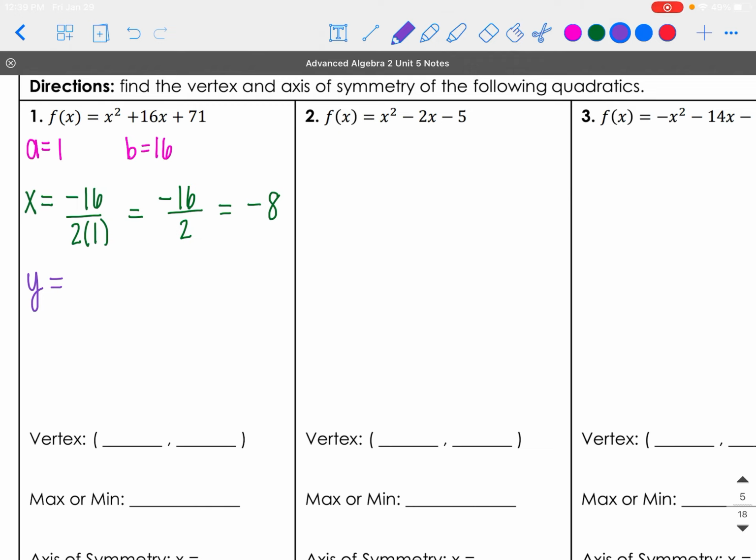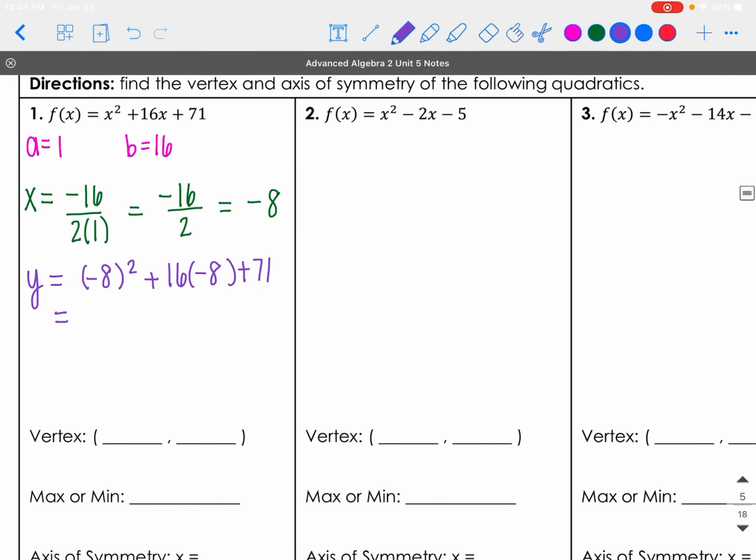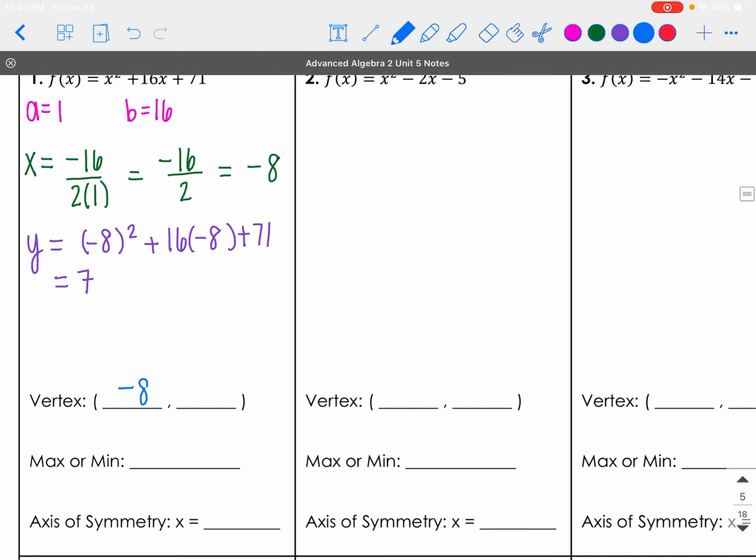The y value of the vertex, we have to plug negative 8 back in. So negative 8 squared plus 16 times negative 8 plus 71, and that equals 7. So my vertex is negative 8, 7.